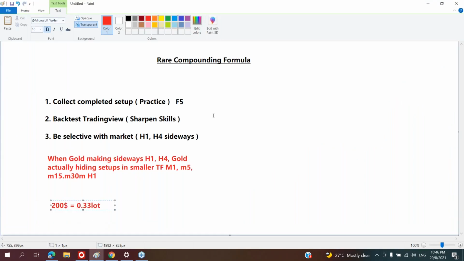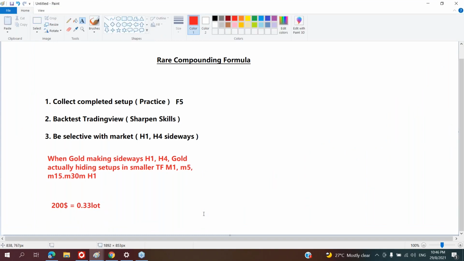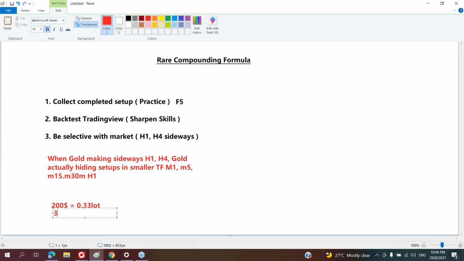Okay, if I start with $300, I will use 0.5 lot.